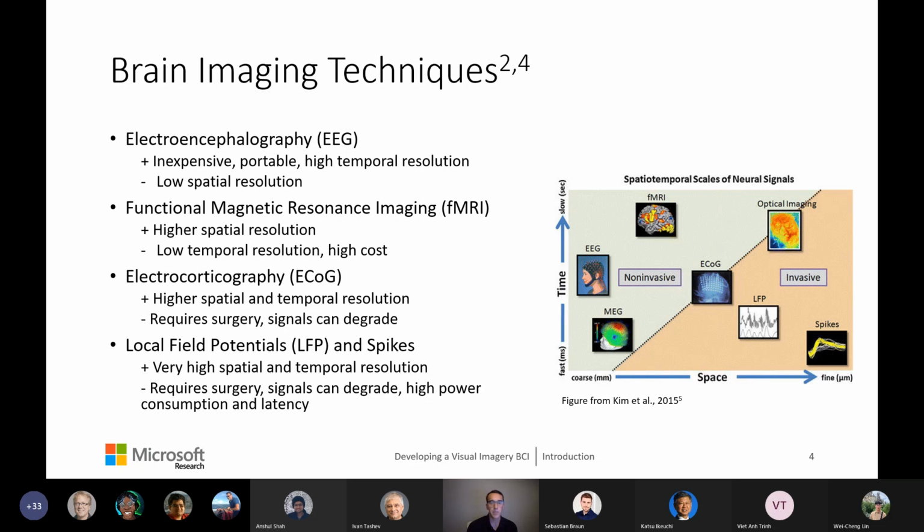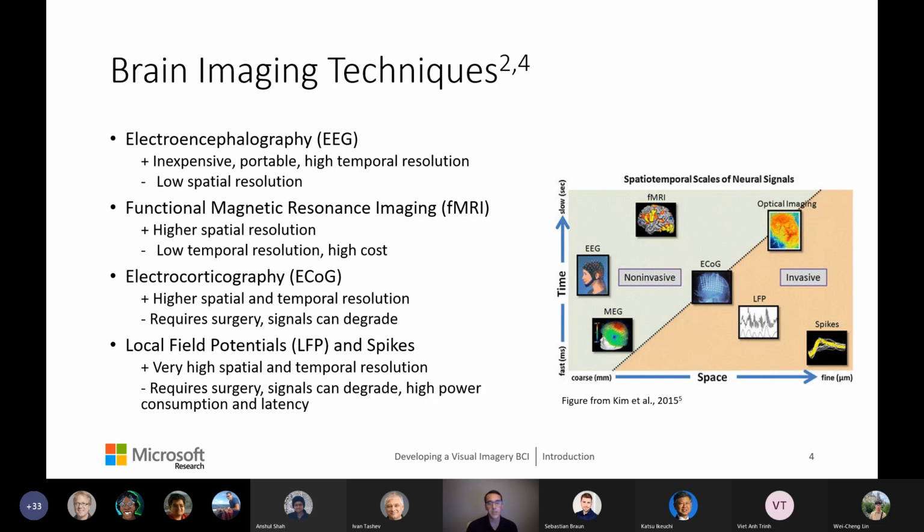So fMRI is measuring that increased blood flow as a proxy for brain activity. Because of this, you have to deal with the hemodynamic delay: it takes about 4 to 6 seconds to determine that blood flow has increased in that area. So it can be difficult to time when an action corresponds to an activity in the brain.